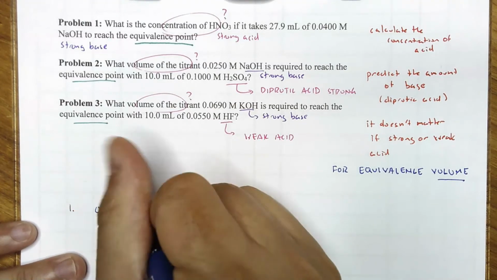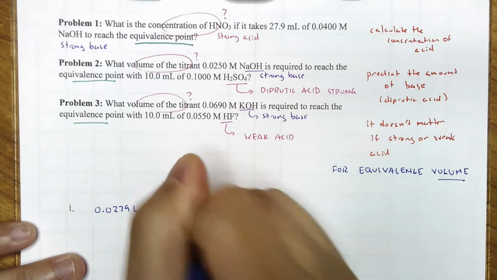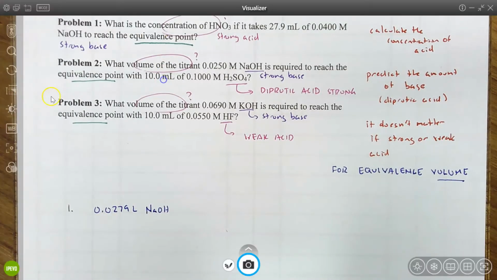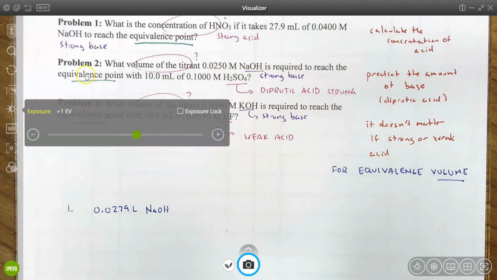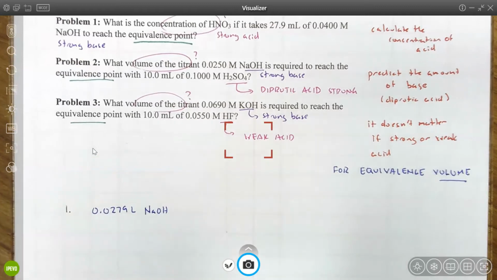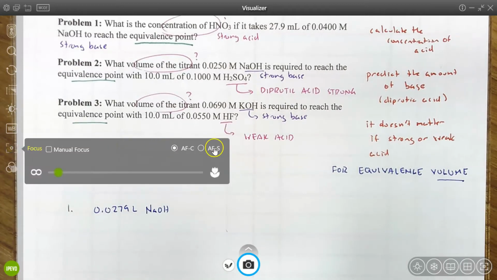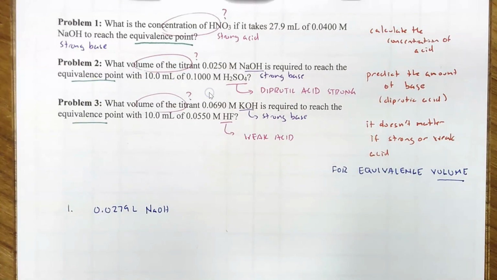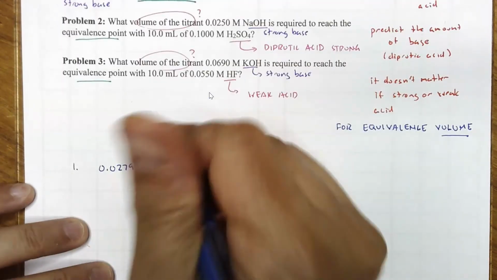0.0279 liters of, let's put our compound, times the molarity.